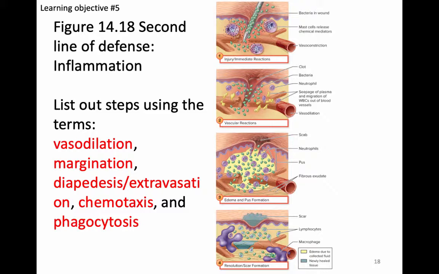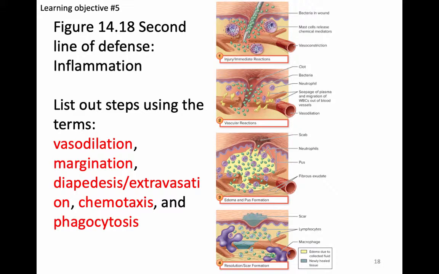We then have a vasodilation, which is when the vessels become dilated and larger, in order to bring blood containing immune responders like phagocytes to the area. In margination, the immune cells brought by the blood are able to stick to the walls of the vessel around the area of the injury.